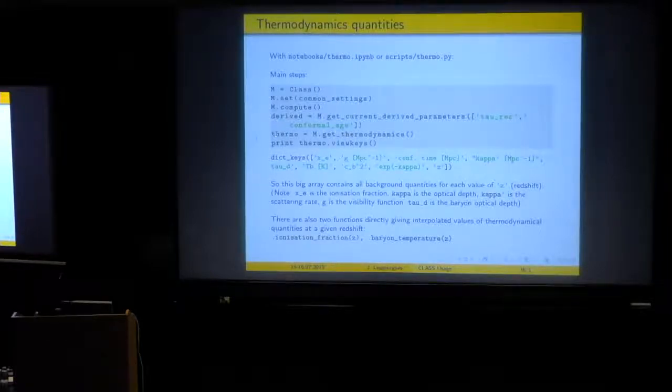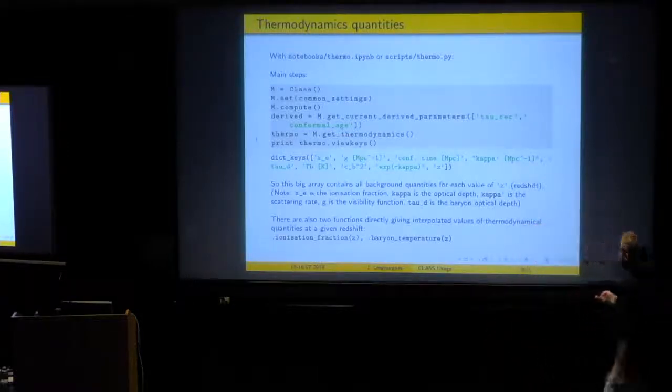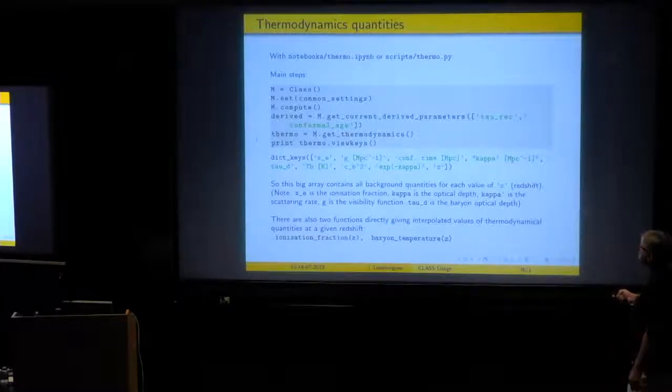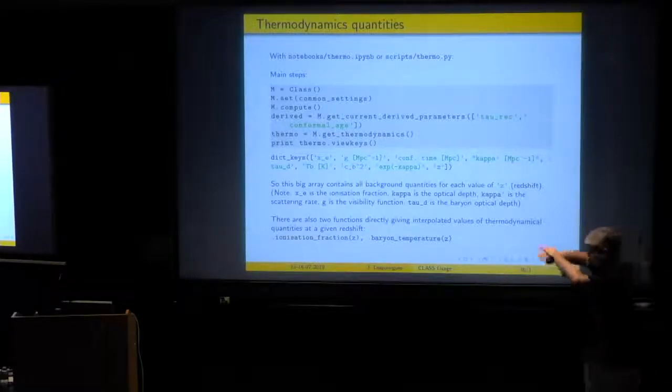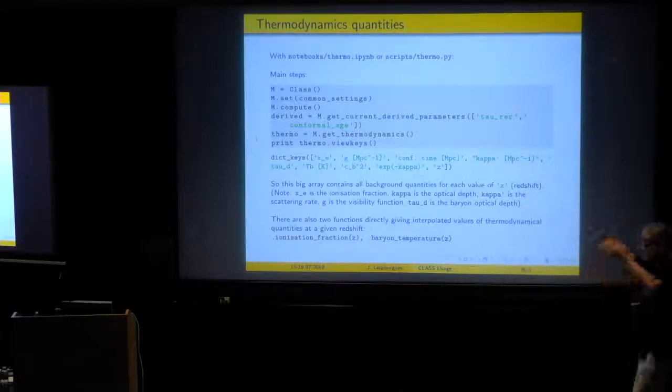Okay, so then I call the function get thermodynamics. It's like get background for the thermodynamical quantities. So after doing this, the variable thermo is a big array containing the evolution of all interesting thermodynamical quantities. And if I do a keys or a view keys, I see the name of the different columns.